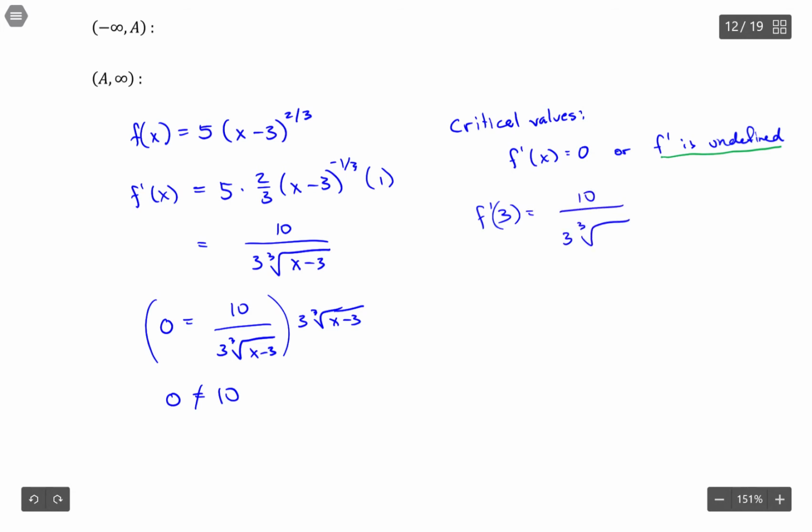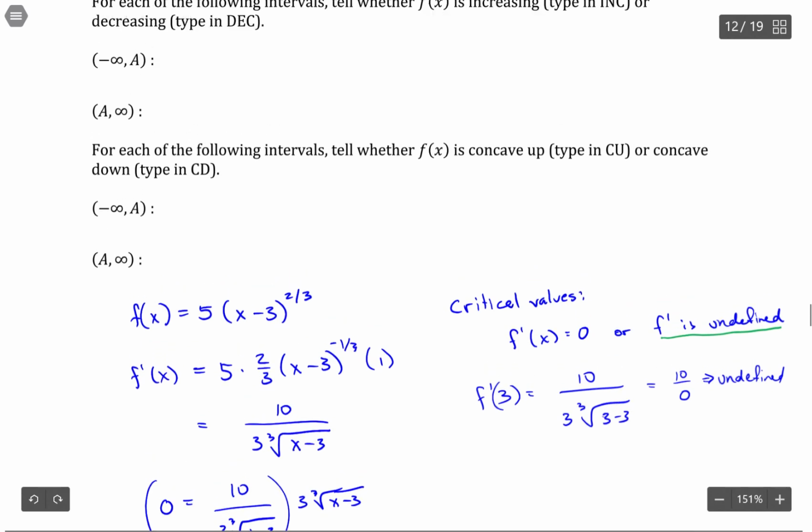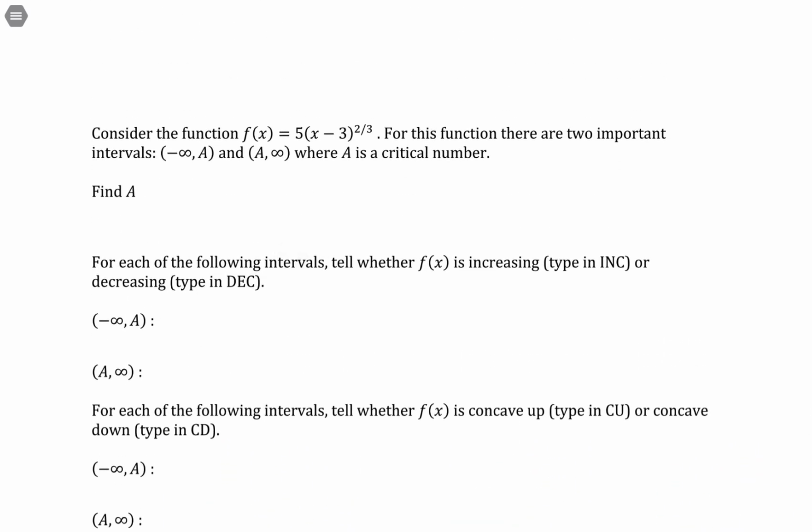The issue with 3 is in the denominator, I'm going to have 3 minus 3 underneath this cube root. And that's 0. The cube root of 0 is 0, times 3. So this results in division by 0. So it's undefined. All right, so since that's undefined, x equals 3 is a critical value. And it's my only one. So x equals 3 is that value.